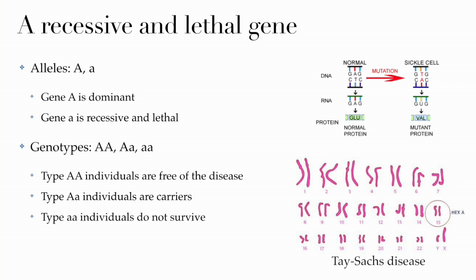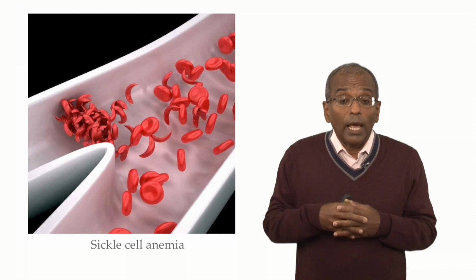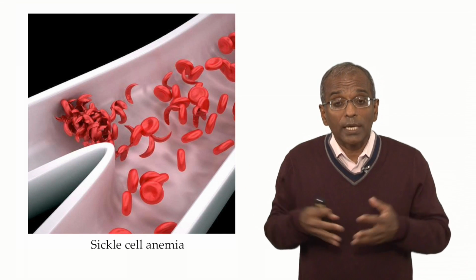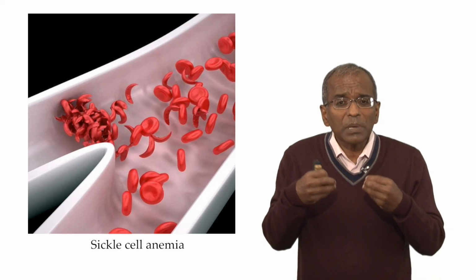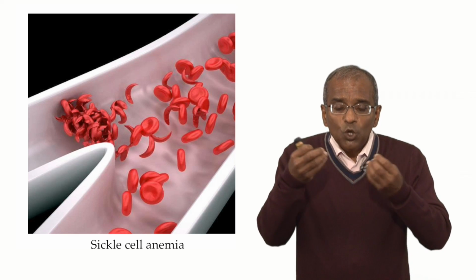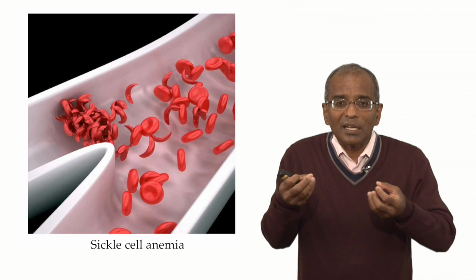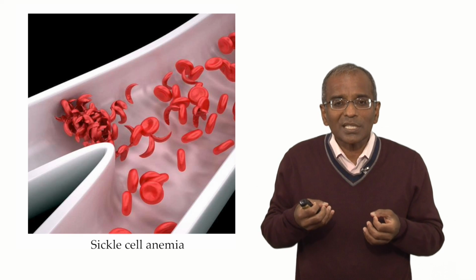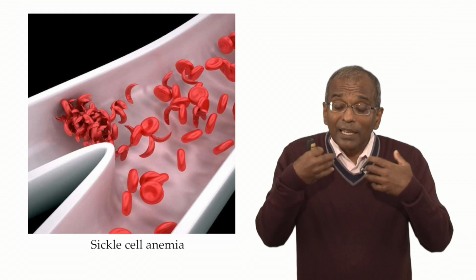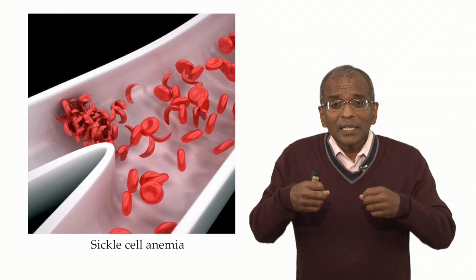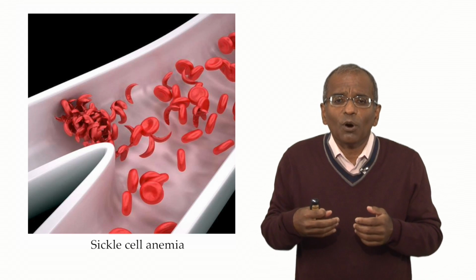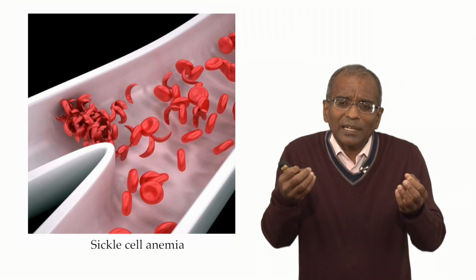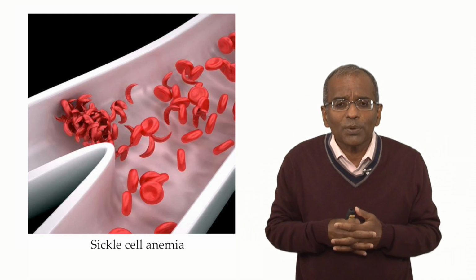But before we go on, it'll be good to see how such mutations lead to macroscopic changes which affect the individual. On your left, you see a visualization of sickle cell anemia, which is a blood cell disease. Normal red blood cells are disc-shaped. They look like donuts. They are the carriers of oxygen. They tumble freely through your blood vessels because they are shaped like discs. They go tuck, tuck, tuck, tuck, tuck, rattle right through.